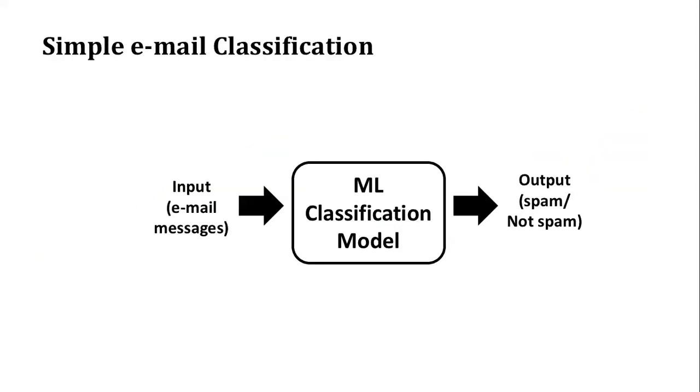Here we predict whether a particular email falls into the good or bad category, spam or not spam. We need to make sure that the next email coming to me, I can safely categorize as spam or not spam. So this is called a classification problem.